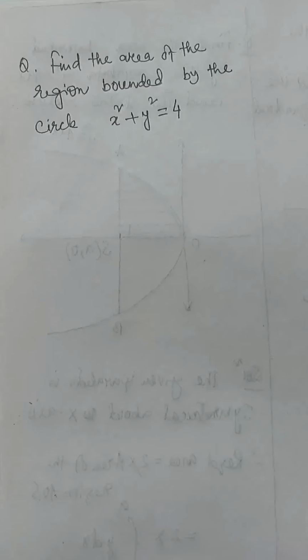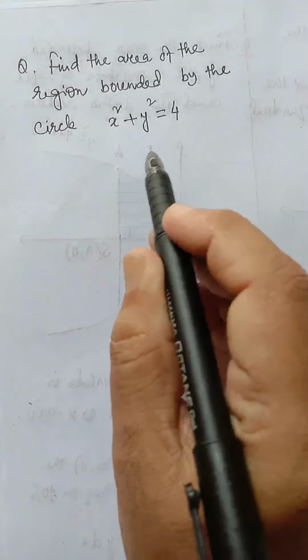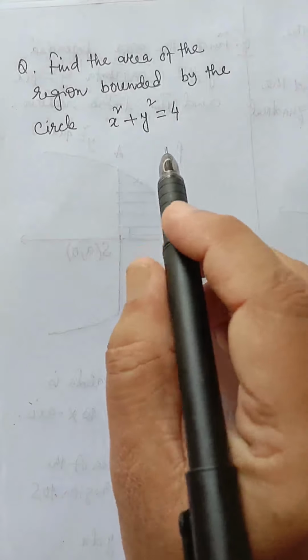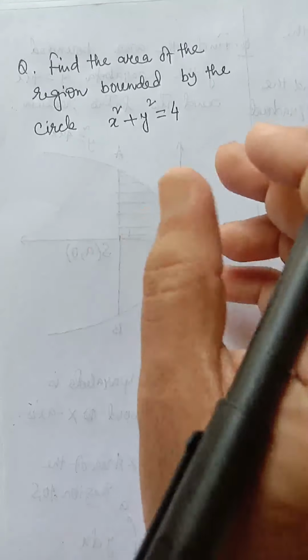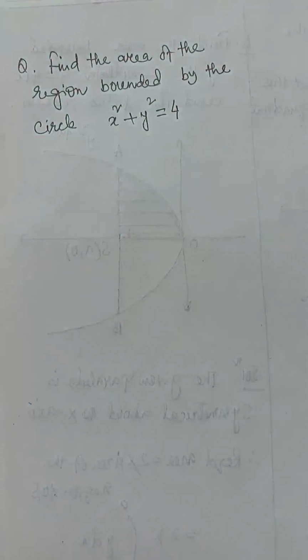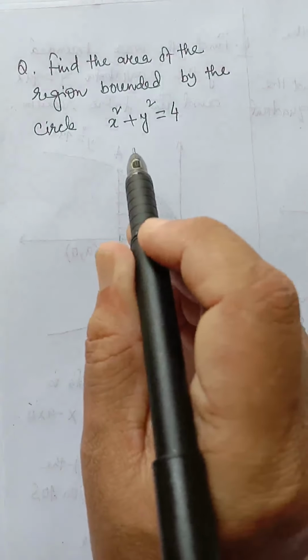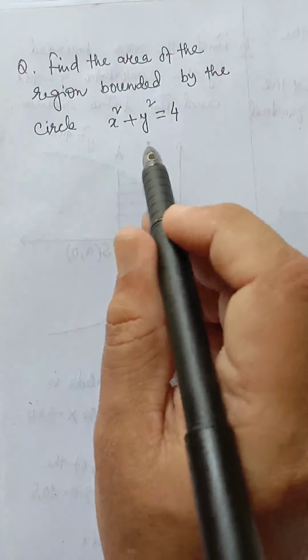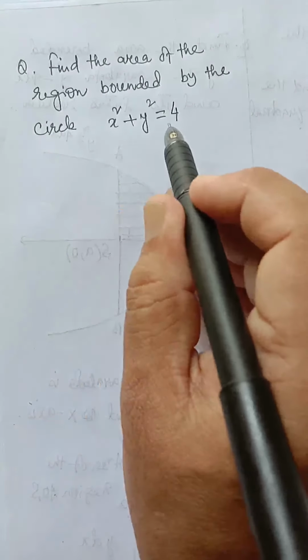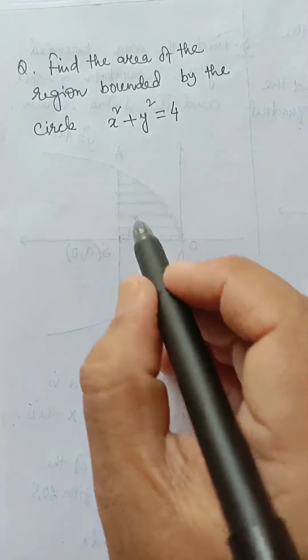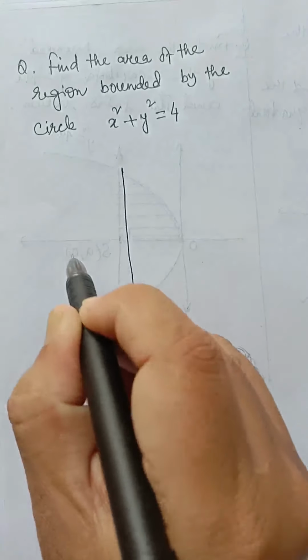Next question is to find the area of the region bounded by the circle x square plus y square equal to 4. That means we have to find the area of the circle. Now we know how to draw a circle of this form, x square plus y square equal to 2 square. Let us draw the rough sketch.